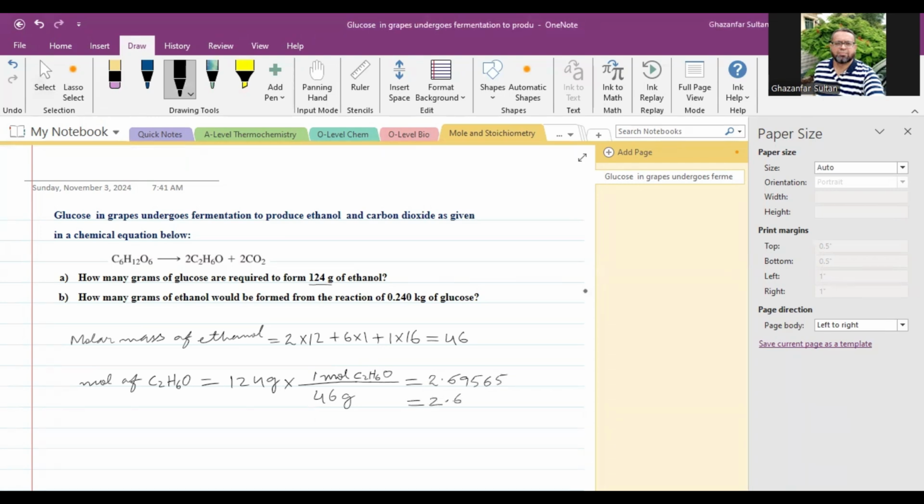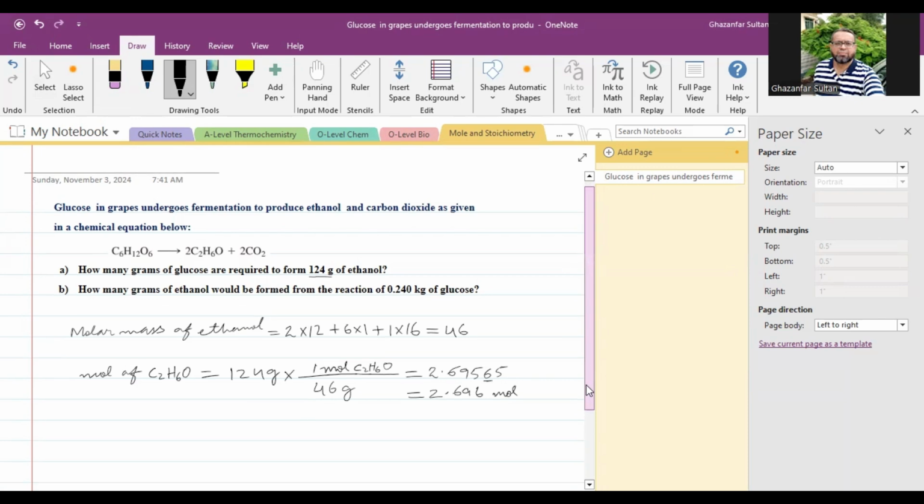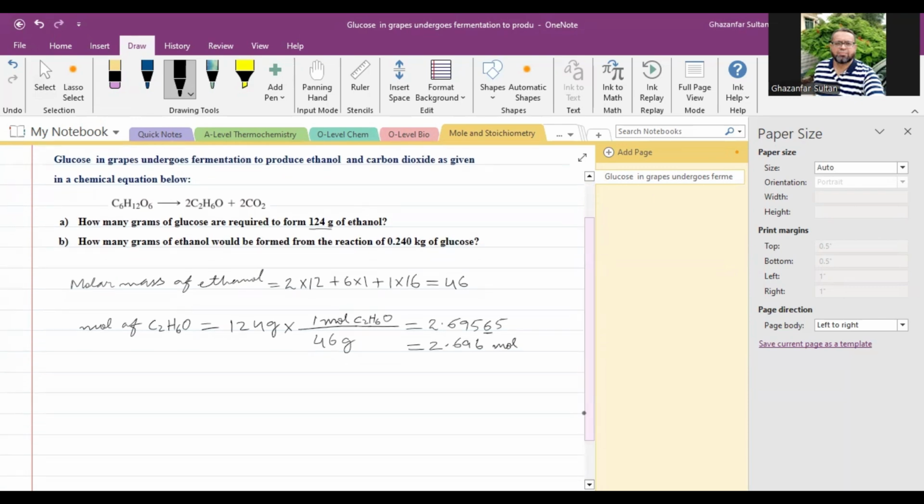So I'm doing it to 4 decimal places. So it would be 2.696, because this digit is greater than 5, so we have added 1 to the retaining digit. So these are the moles of C2H6O, that is ethanol.